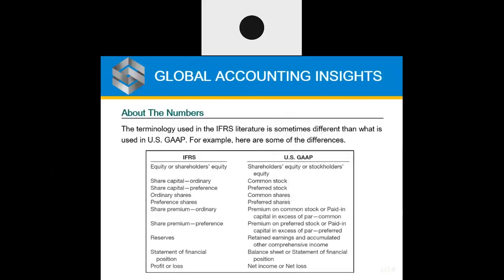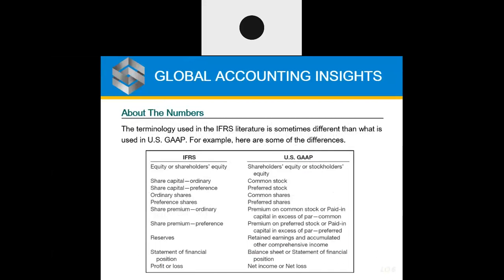Right? So I know throughout this course you see that there are many different terms or terminology used in IFRS, and also if you refer to other books which are based in the US, they will use the terms that are commonly used in US GAAP.